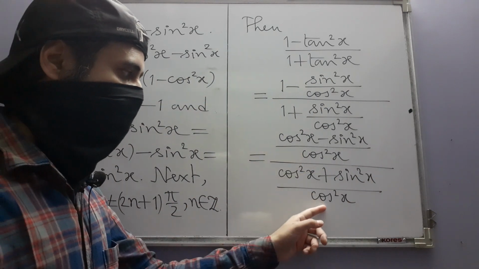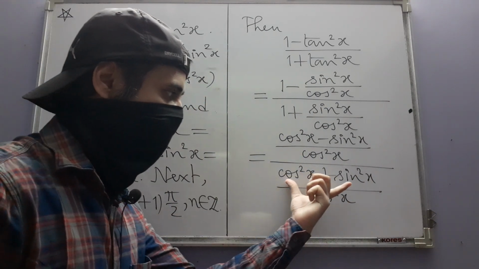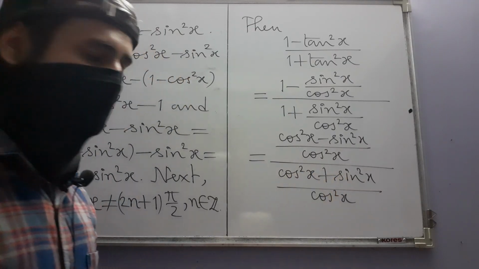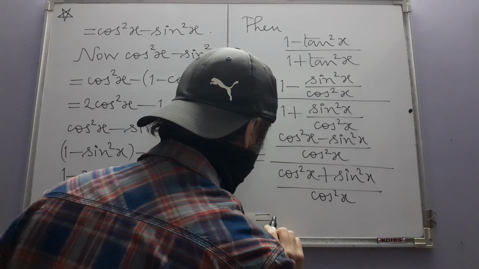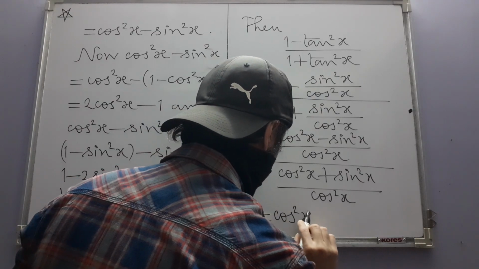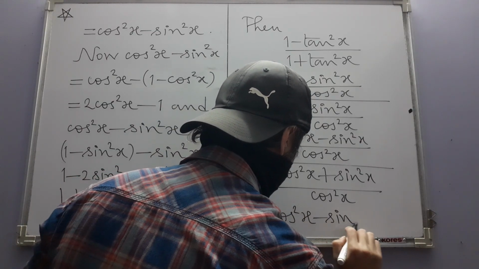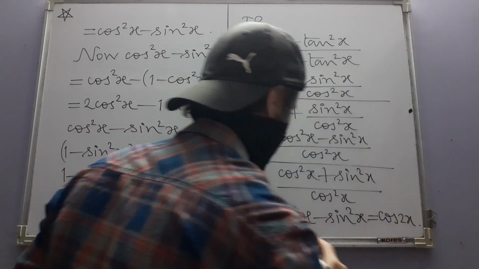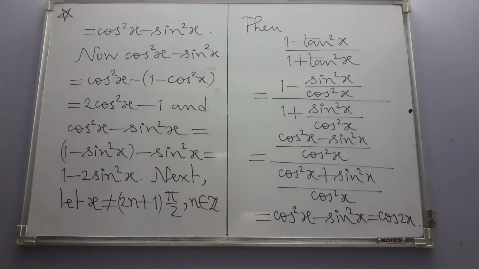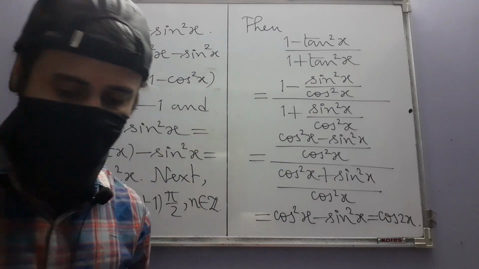This cos square x and cos square x will cancel out. Cos square x plus sine square x is 1, and that means we will be left with cos square x minus sine square x, which is cos 2x. We have just now proved, and that's how we have this one also.